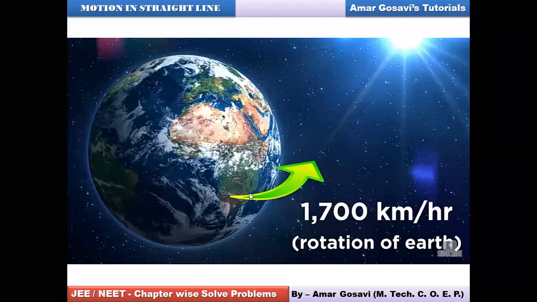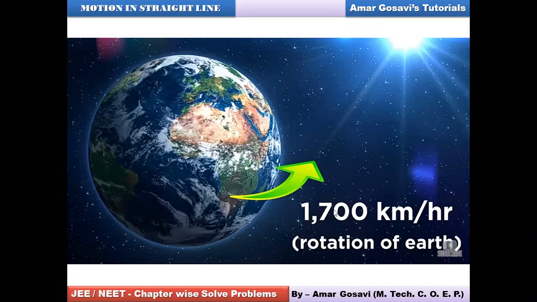And even if that car was not moving, it would still appear to the person on the moon that the car is moving at 1700 kilometer per hour, because the person is in the non-inertial frame.